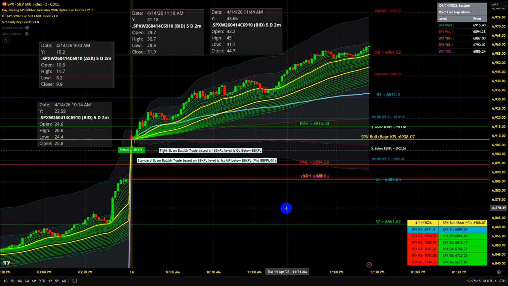And the problem with those particular ribbon indicators is when you try to use them on indexes, that at times, depending on how sizable the gap is at the 930 open, either a gap up or gap down, on substantial gap ups or gap downs or on extreme ones, the normal ribbon can be polluted from the overnight gap because SPX and XSP do not trade in the overnight or in the pre-market.